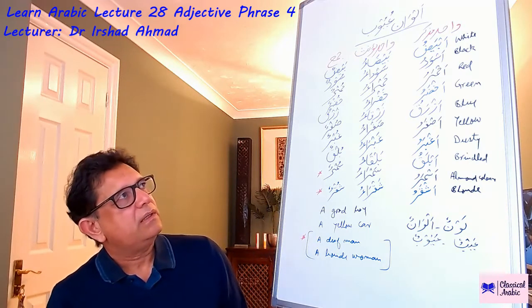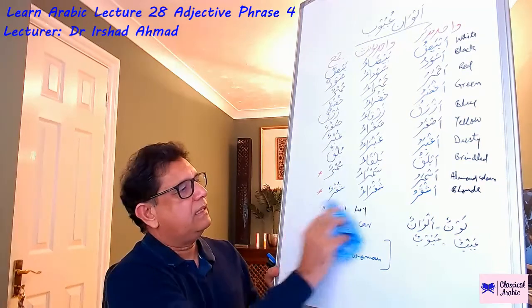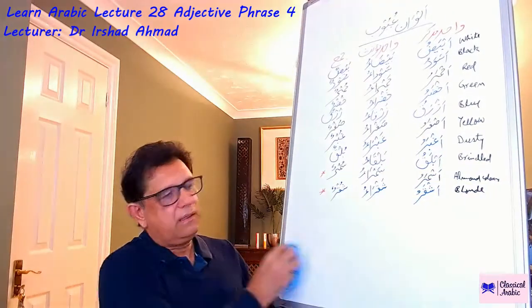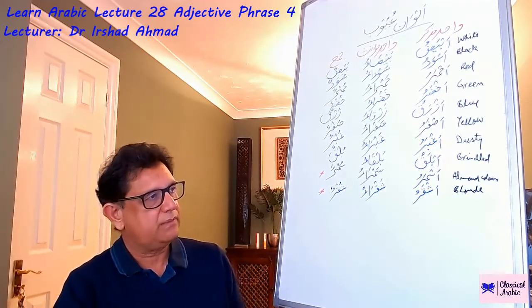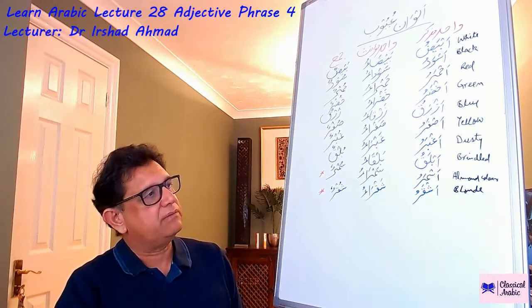So if we focus on these words and look carefully, we will see they fall into certain patterns. We are familiar with roots and patterns in Arabic now. We have discussed that in one of the previous videos.